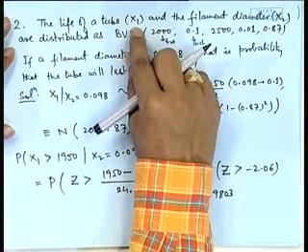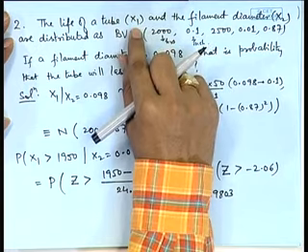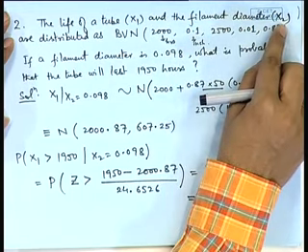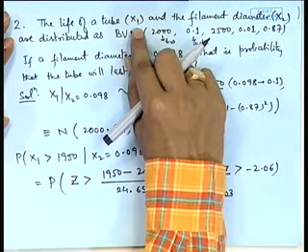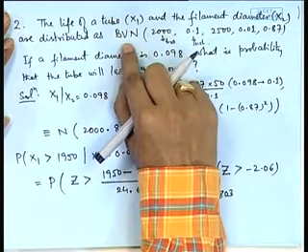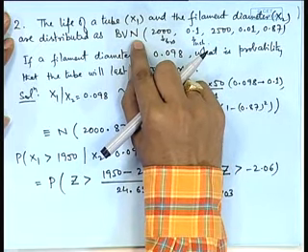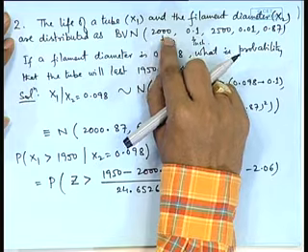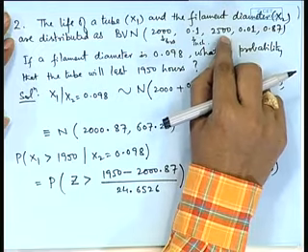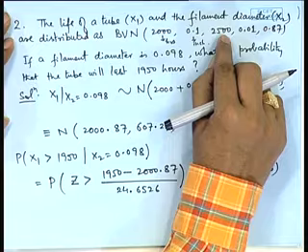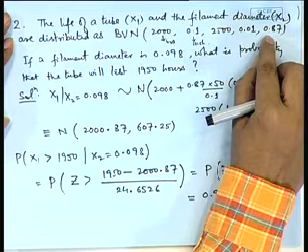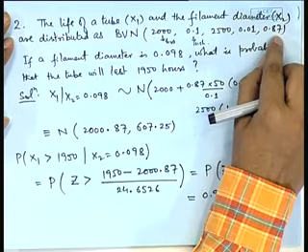The life of a tube is measured as random variable x1 and the filament diameter is measured as a random variable x2. The life is measured in say hours and the diameter is measured in inches. They are distributed as a bivariate normal distribution with mu1 equal to 2000 hours, mu2 is 0.1 inches, sigma 1 square is 2500, sigma 2 square is 0.01 and the coefficient of correlation is 0.87.